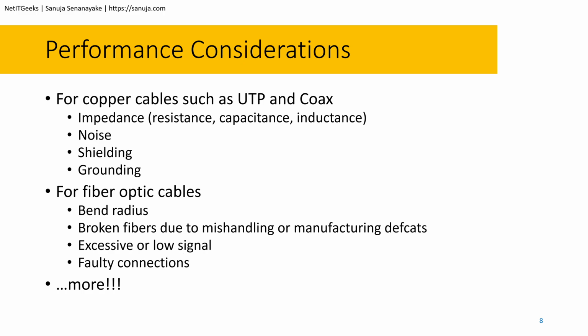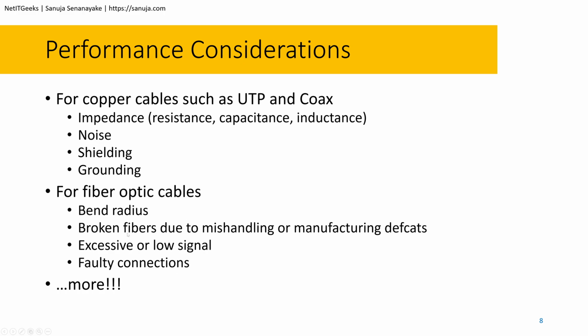Not all fiber cables, in other words, will use the same signaling LEDs and lasers. So you need to adjust the intensity of your laser or LED, and the signal strength, depending on the type of fiber cable you use. If you have performance issues with fiber cables, that's something you need to think about. Again, I will go into depth in a separate lecture, but just know these things are important.